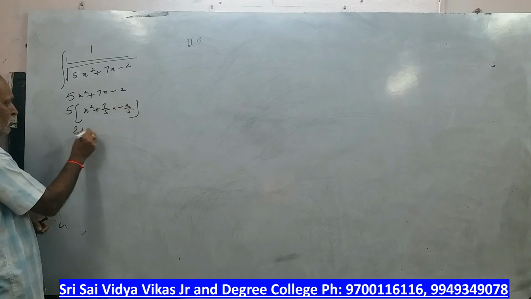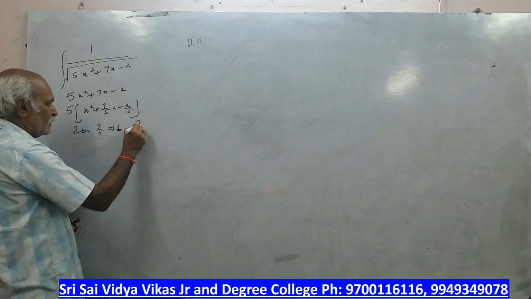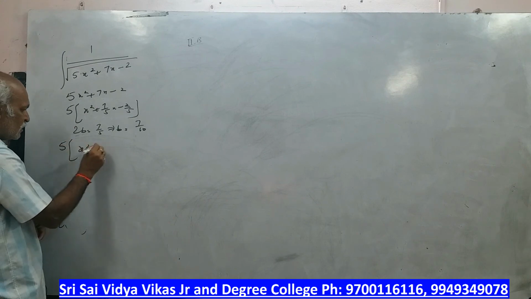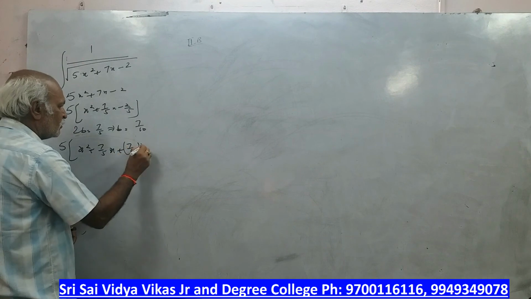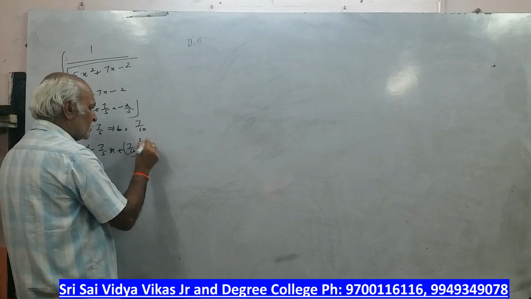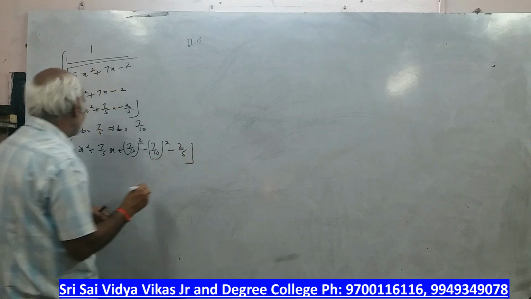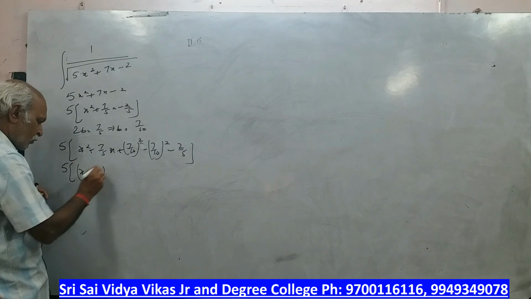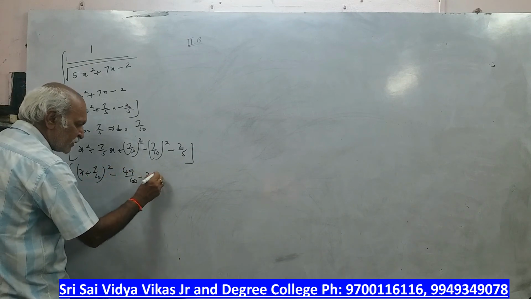Again 2b is equal to 7/5, b is equal to 7/10. So 5 into [(x + 7/10)² − (7/10)² − 2/5].